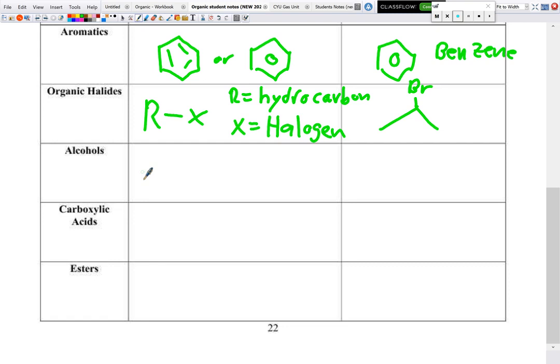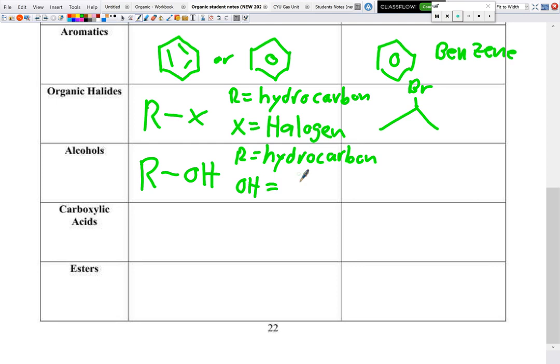Now for our alcohol, we're going to see something like this. So same thing, R is equal to hydrocarbon, could be any hydrocarbon. In this case right here, OH.